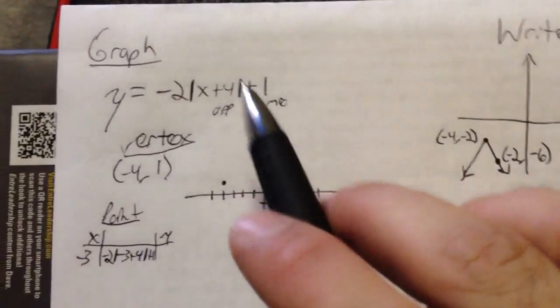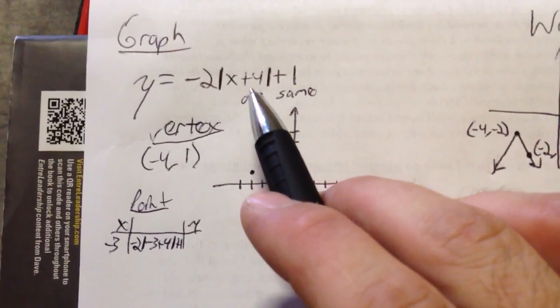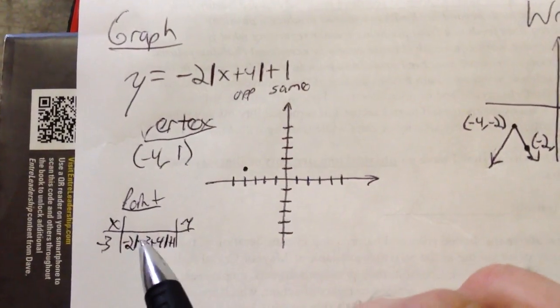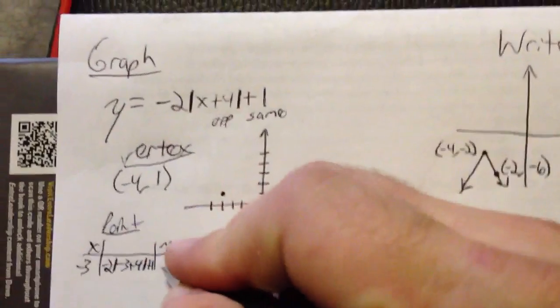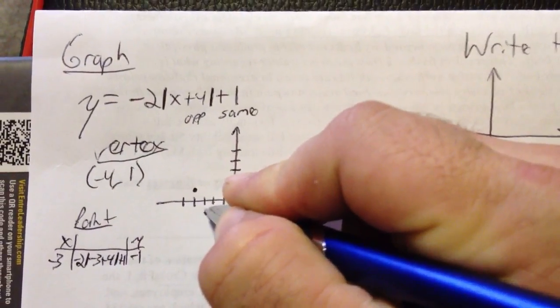Then the absolute value of 1 gives you 1, multiplied by the negative 2 out in front gives you negative 2, plus 1 is negative 1. So negative 3, negative 1 is one other point on my absolute value.